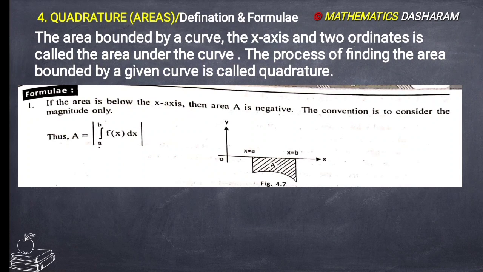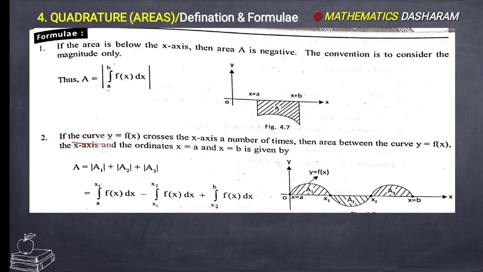Next, the second formula is: if the curve y equals f of x crosses the x-axis a number of times. See here, this is the curve y equals f of x. This curve crosses the x-axis how many times? 1, 2, 3 times.